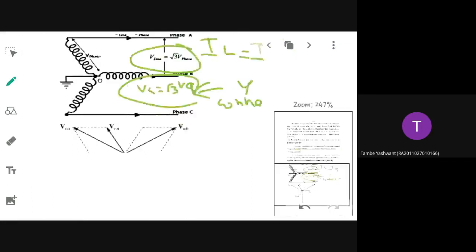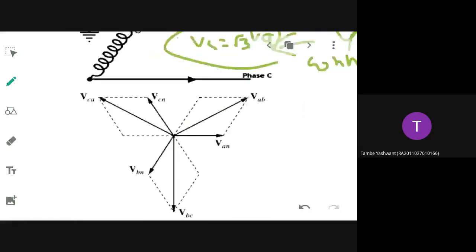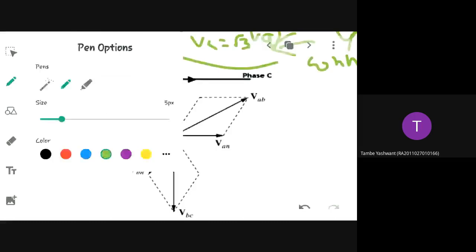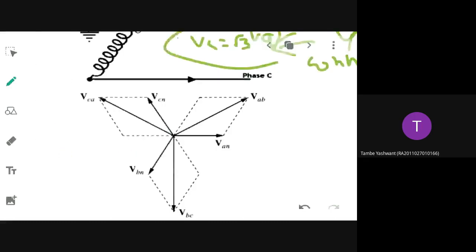The diagram that is given is called a phasor diagram. You know what a vector is, which you must have studied in mathematics class. What is a vector? A vector is a quantity having both magnitude and direction.